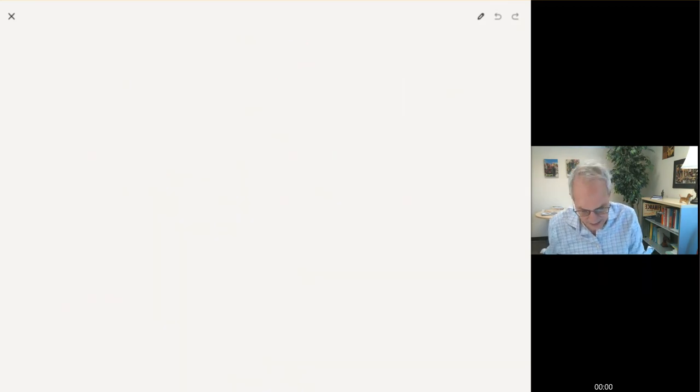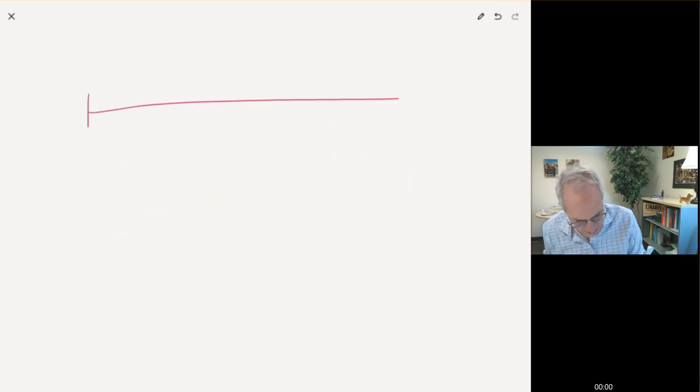Okay, so let's talk about kind of direction of money. If we're looking at time, here is today, and we're going to look at 8%, $100. In 1 year, we end up with 108. In 2 years, we end up with 116.64.